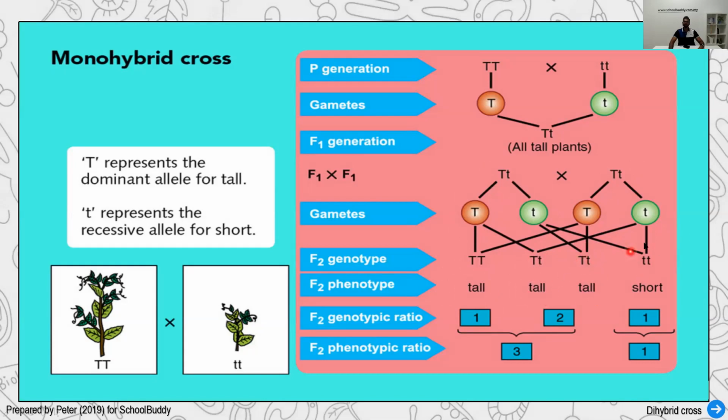But in the case of the last one, since both are small letter t, it's going to show a short characteristic. Overall, at the second generation, it's going to form a 3-to-1 ratio of the organisms: 3 tall and 1 short. So this is an example of a monohybrid cross.